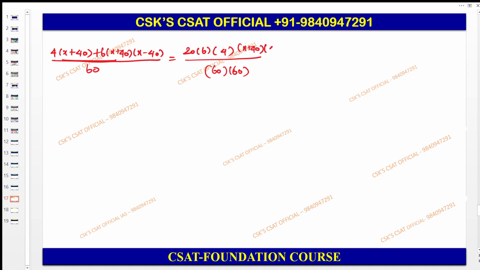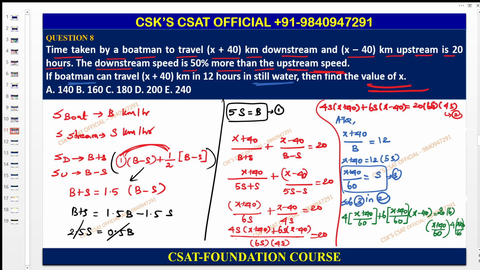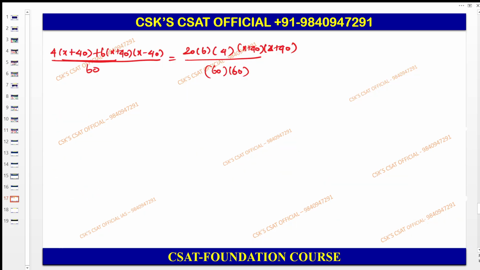Now try to understand. Here you can take 60 as the LCM, okay? That is why I'm not simplifying that one. Now you can understand why I am not cancelling here, because we can take that 60 as the LCM in the LHS.